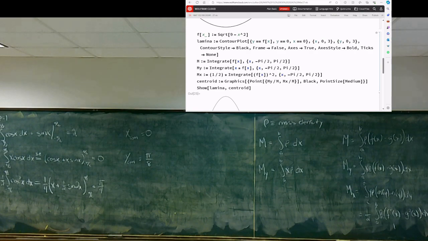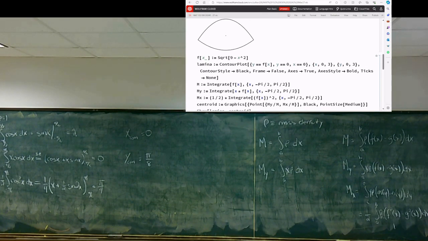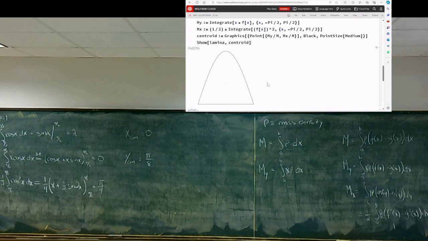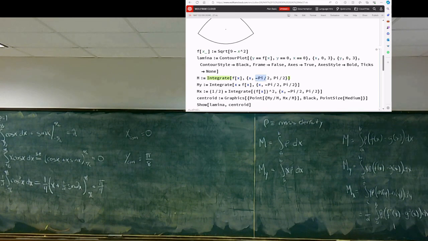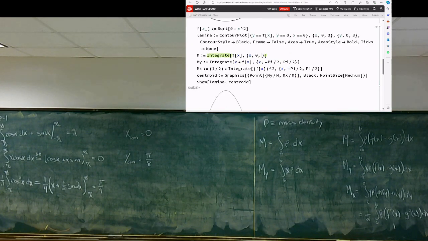All right, so we're integrating. For the mass, what do we integrate? Just f of x, isn't it? It's only one function that we're dealing with. Did it again. We're going to go from 0 to 3. This isn't going to change, other than this goes 0 to 3.